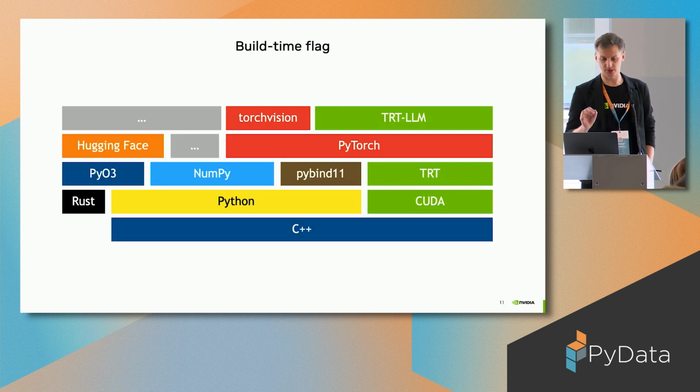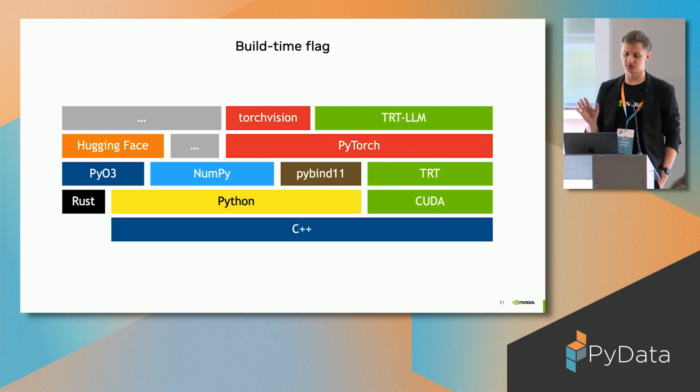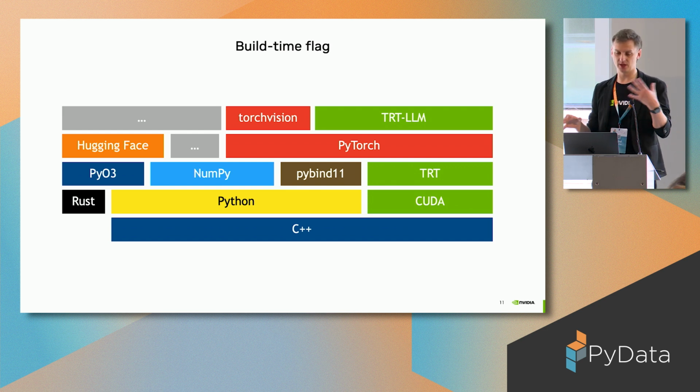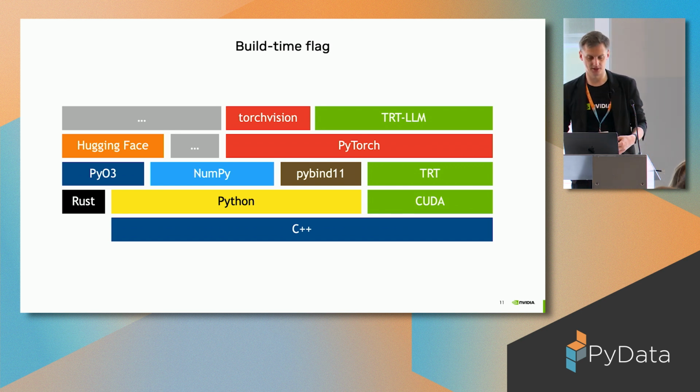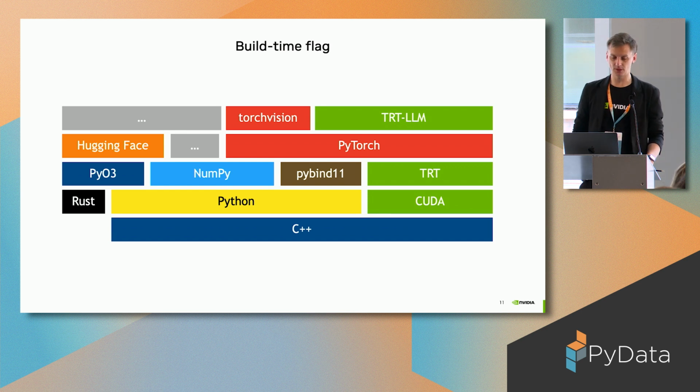What I put here in this image is a typical library ecosystem stack for some deep learning application. At the bottom we have C++. This is where everything is implemented: PyTorch, TensorFlow, Python, CUDA, right?